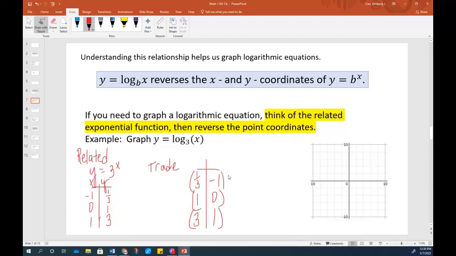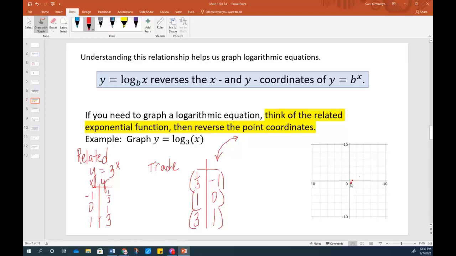And remember, the logarithm is going to have that other shape that does this sort of thing. 1/3, which means barely over, and 1 down. Oh, I kind of put a line there, but we're going to let that go. 1 over, and 0 up or down. And then I need to go 3 over and 1 up or down.